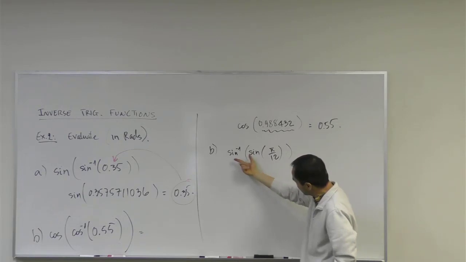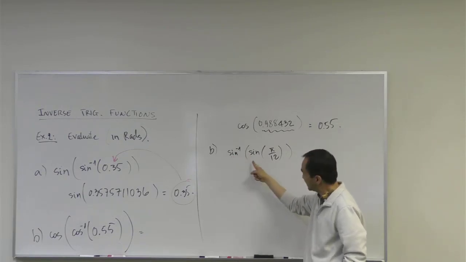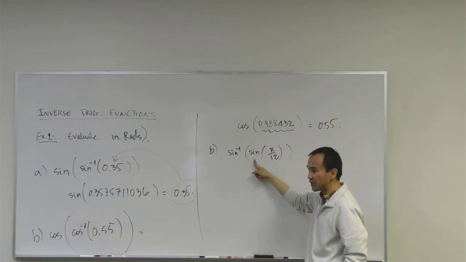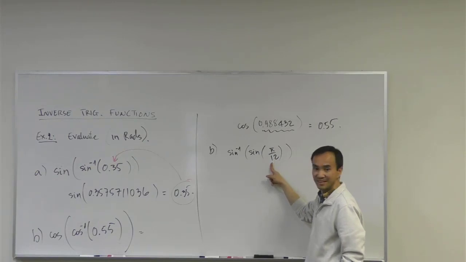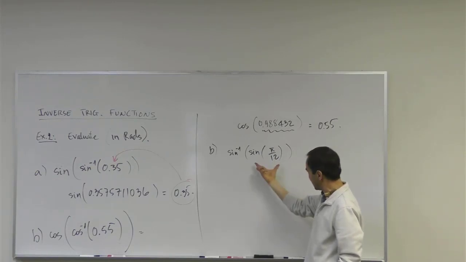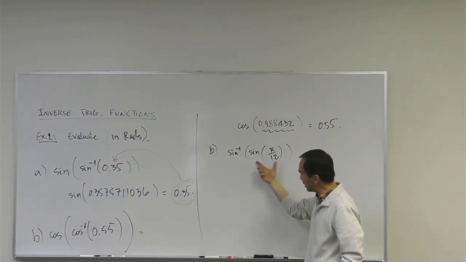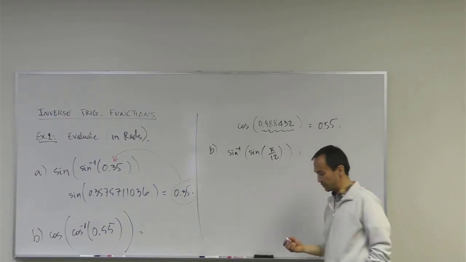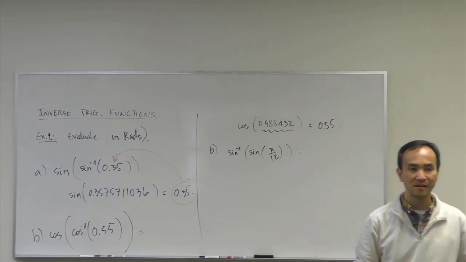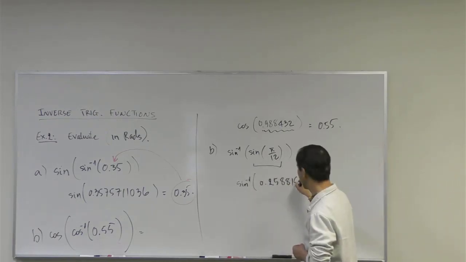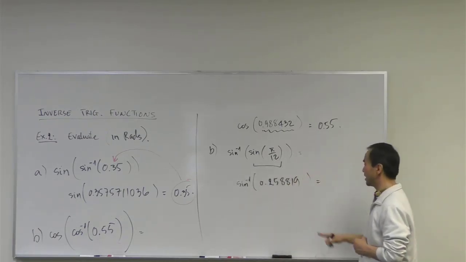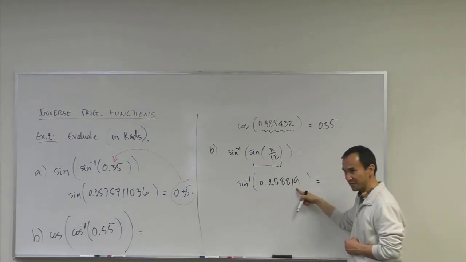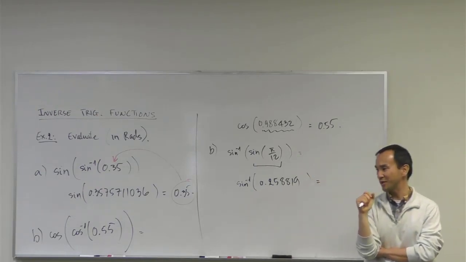This time the order of these things got switched. So first we calculate sine of that angle pi over 12, come out with some sine value, and then we take the inverse. Let's see what kind of answer we end up with. So now we go ahead and run the sine inverse for that.